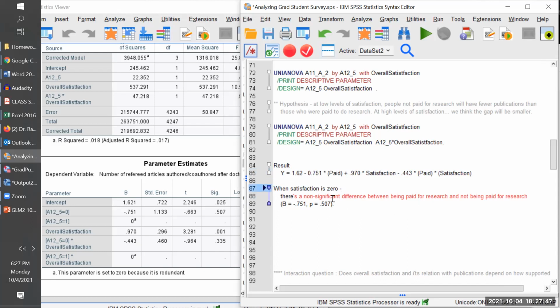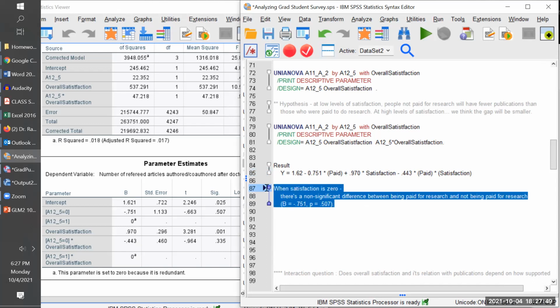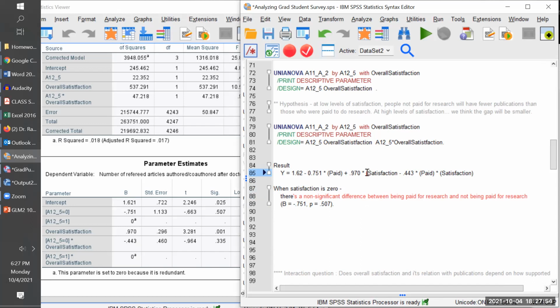Okay, we got this when satisfaction is 0 by doing what? I got some head nods. So it's the intercept plus 0.751 times x1.